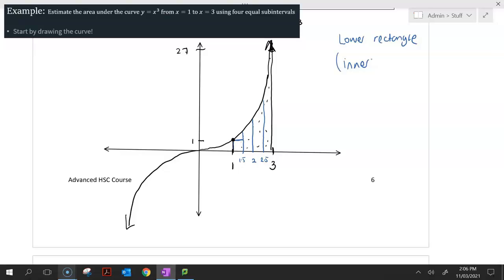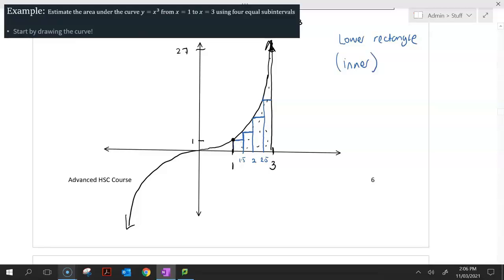If your curve bends the other way, inner will go above the curve. So inner, the first starting point. And then inner there, and inner there. So you can see that's going to be quite an underestimate, isn't it? Obviously my scale's probably blown a bit out of proportion, but this definitely will underestimate it.